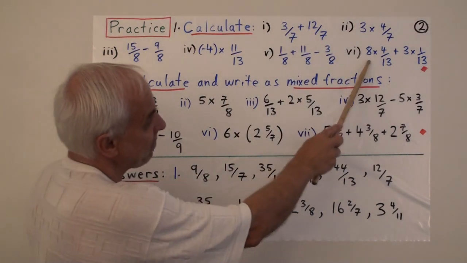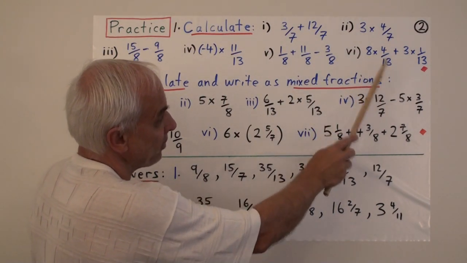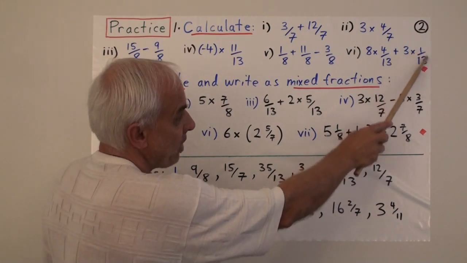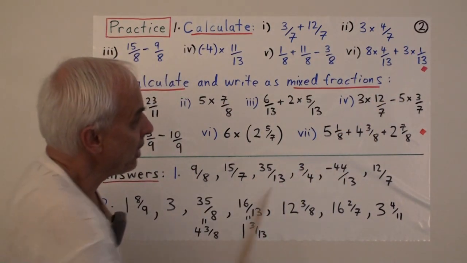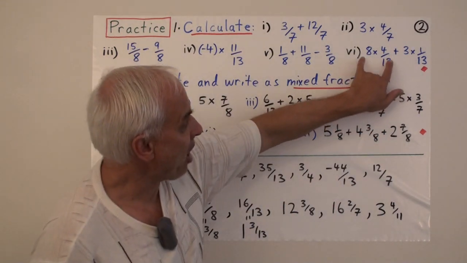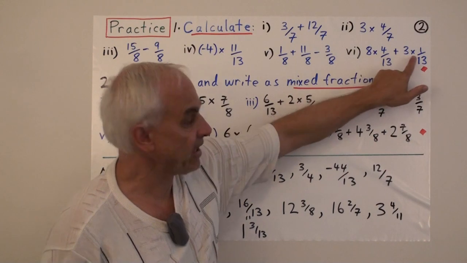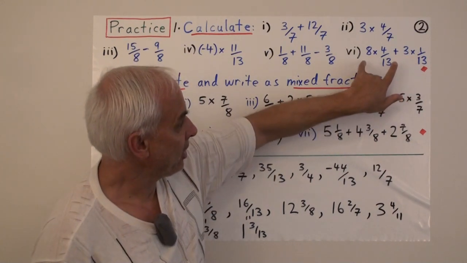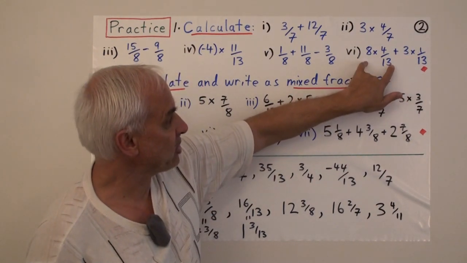And notice here it's a little bit more complicated. I have 8 times 4/13 plus 3 times 1/13. I haven't put brackets around here, but I hope you remember that when you have combinations of multiplications and additions, the convention is that you do the multiplications first.